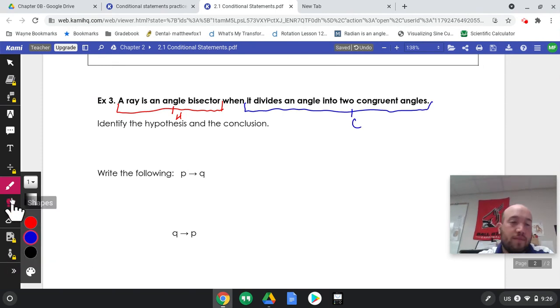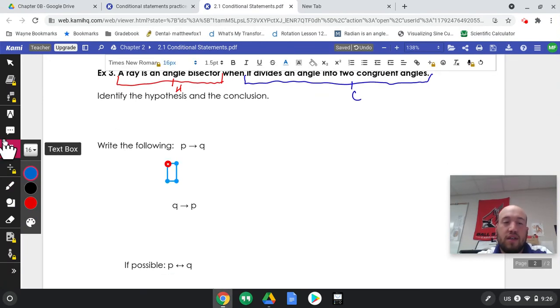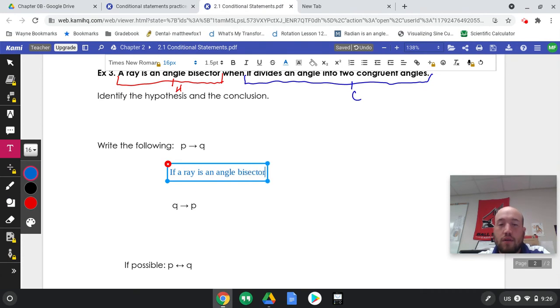So to write this out now, I need to make an if-then statement. So if a ray is an angle bisector, then it divides an angle into two congruent angles.